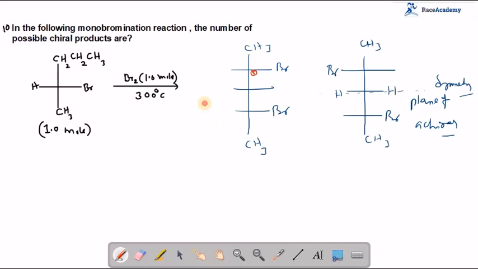Okay, leave about this one. So this is correct. Coming to the other one, we will plan it in a different way. We keep the ethyl group on top as it is, and we'll try to write the two compounds like given here. So here hydrogen, here one hydrogen, here write bromine. If you write bromine here, there won't be any kind of plane of symmetry.